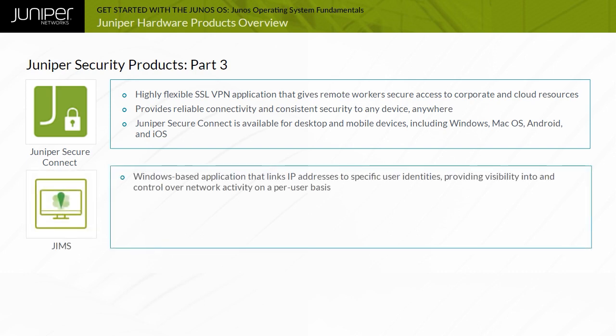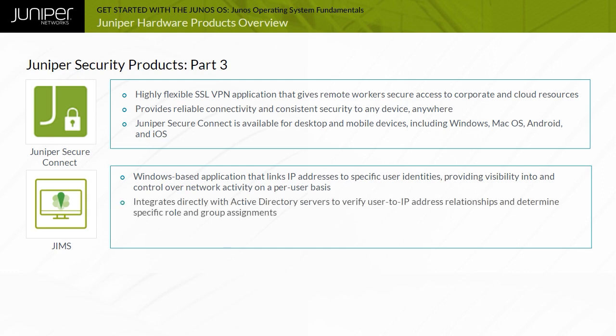Juniper Identity Management Service, or JIMS, is a Windows-based application that links IP addresses to specific user identities, providing visibility into and control over network activity on a per-user basis. JIMS integrates directly with Active Directory servers to verify user-to-IP address relationships and determine specific role and group assignments.